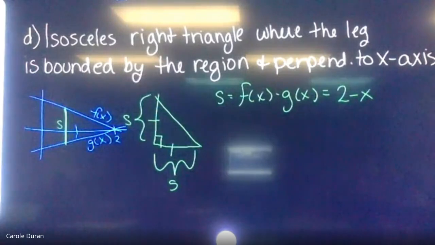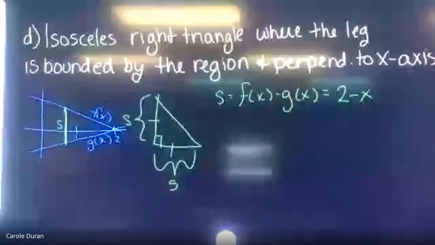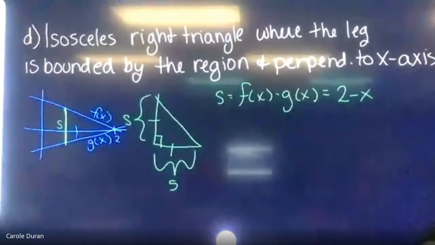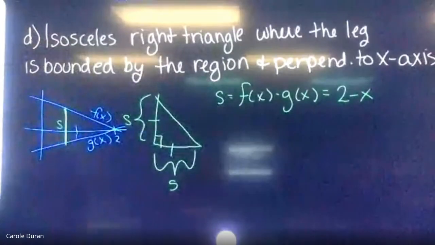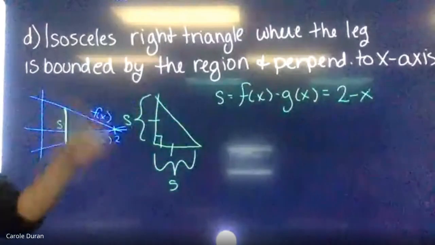So I'm going to pause. Trying to figure out the area of the triangle. How do we figure out the area of a triangle? One half base times height. What do I know about my base and my height on this particular triangle? They're the same because it's isosceles, which means it's really one half times S squared, because my S is counting as both my base and my height.